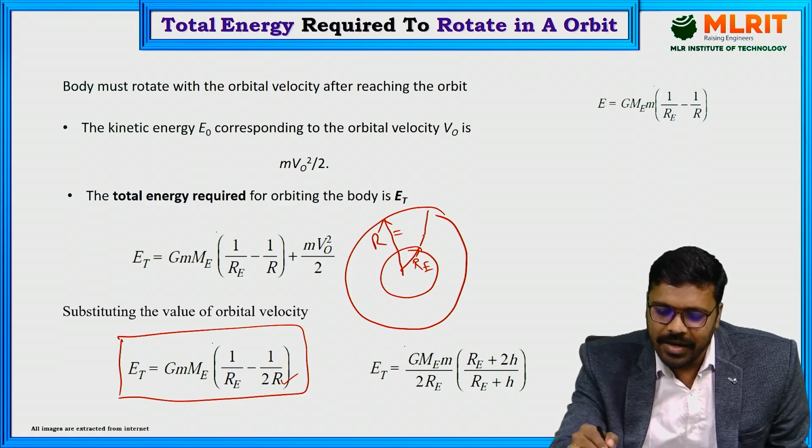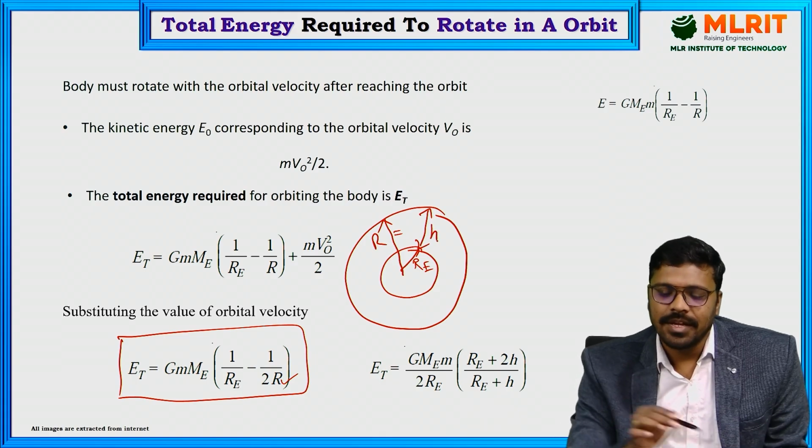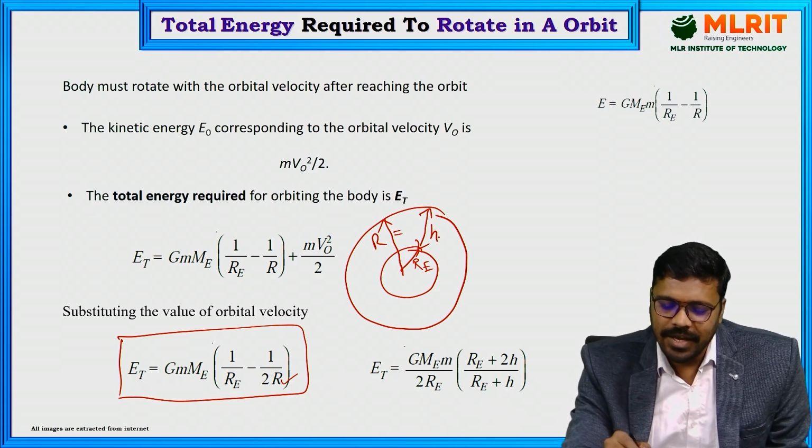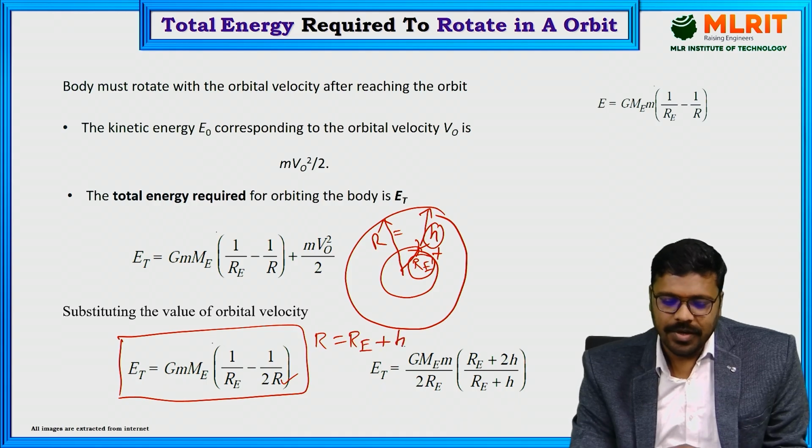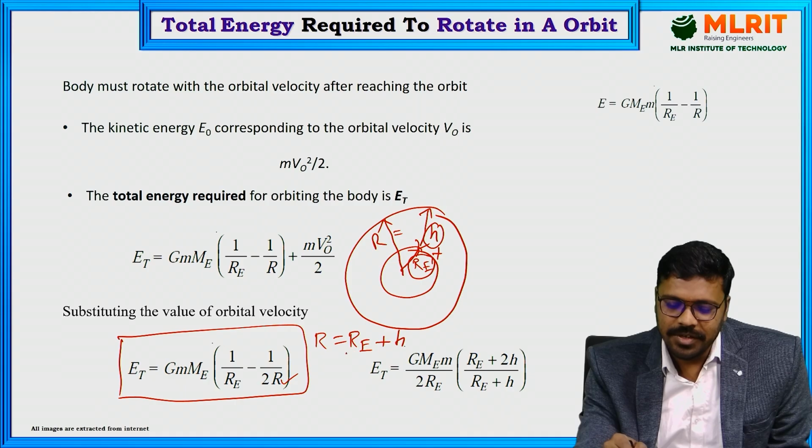If I consider the height of the orbit as h, then I can write the radius of the orbit is equal to RE plus h. So the radius of the orbit is RE plus h.